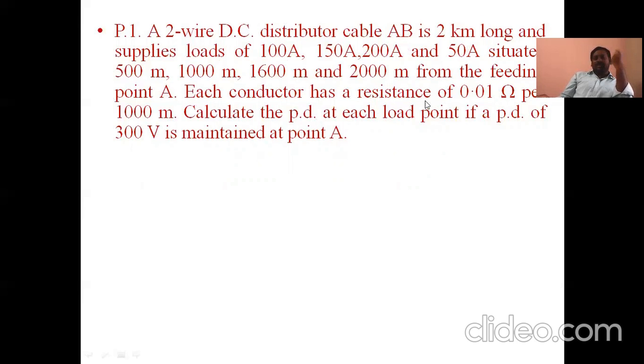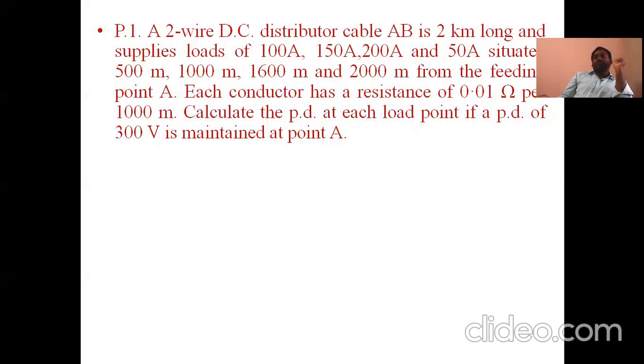Each conductor has a resistance of 0.01 ohm per 1000 meters, that is, 1 kilometer. Calculate the potential difference at each load point. Load point means a particular point where the load is tapped off, concentrated.